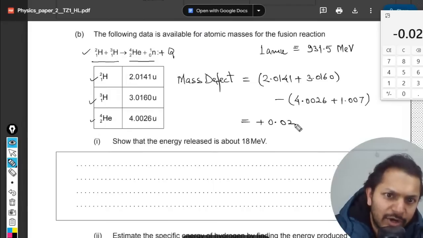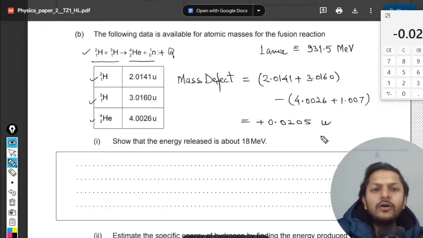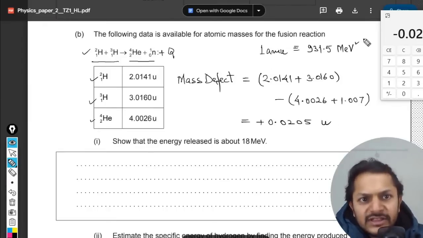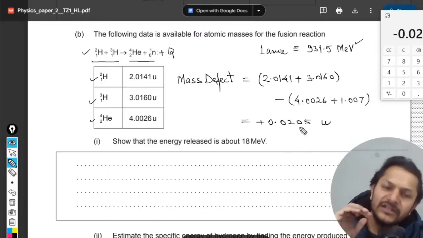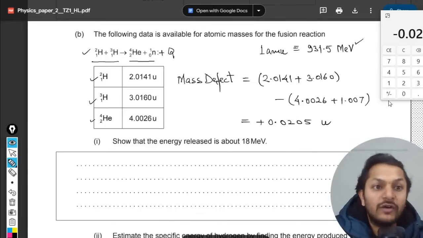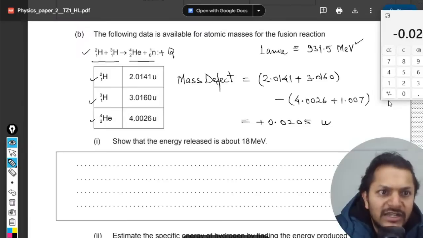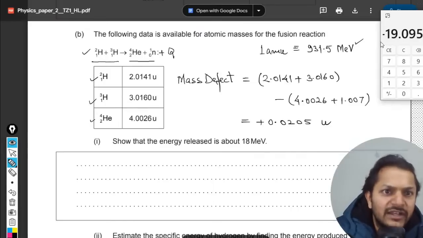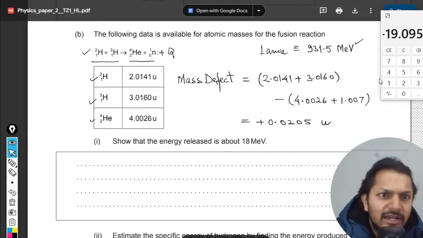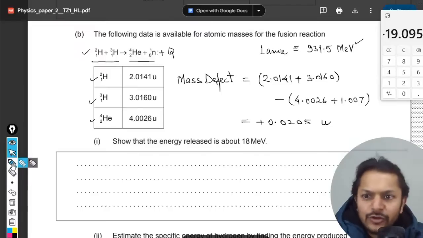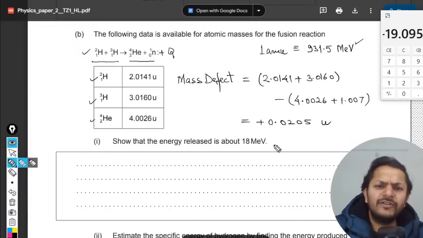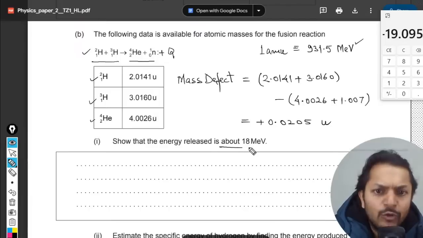That is 0.0205 AMU. Now, 1 AMU is producing this. So what will be the energy produced by this? The product of these two. So our answer will be, when you multiply this with 931.5, obviously we will get rid of the negative sign here. So your answer is 19 mega electron volt. So approximately we can say that yes, our answer is about 18.